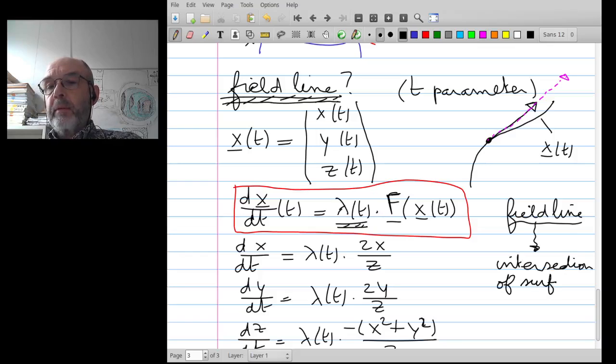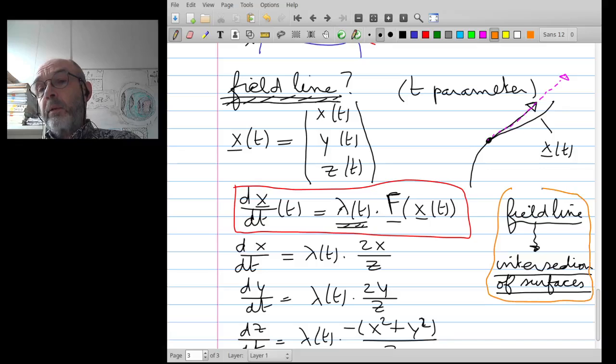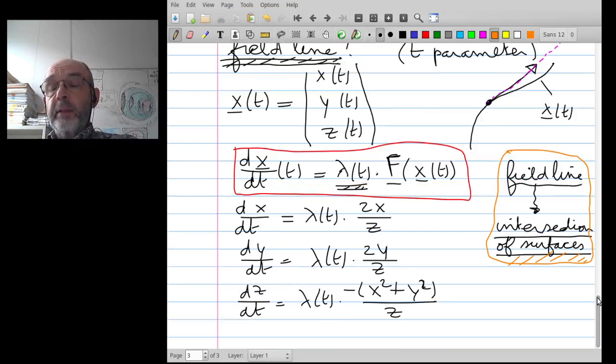So I am now searching for those surfaces. We are busy in R3. If we have two surfaces and they cut each other, then that intersection is our field line.